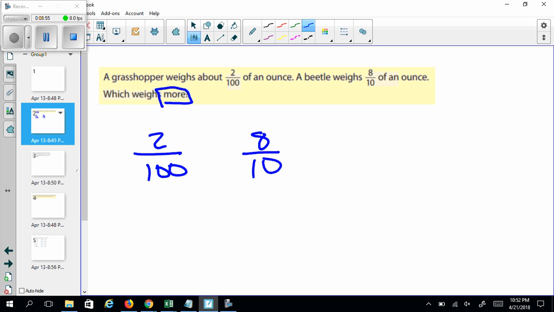But 45 I cannot turn into tenths, and 26 I cannot turn into tenths. It would have to be 10, 20, 30, 40, 50, 60, 70, 80, 90 as the numerator in order for me to go down and divide by 10 in order to get to 10 because, well, I'm already telling you partially the answer here, but 10 times 10 is 100.